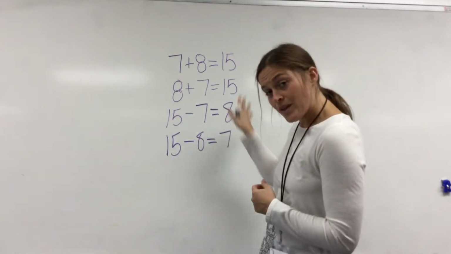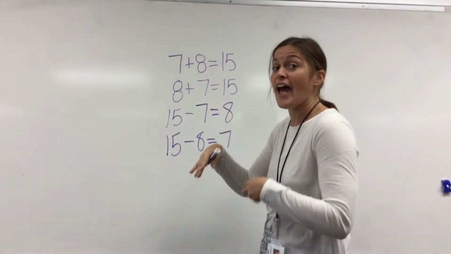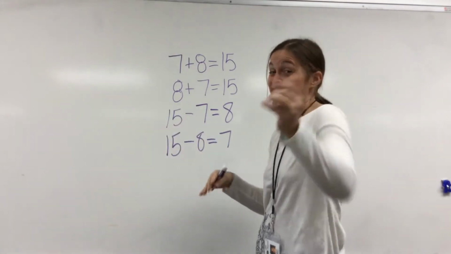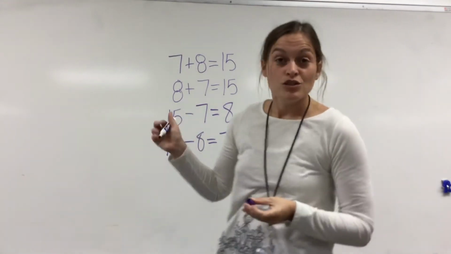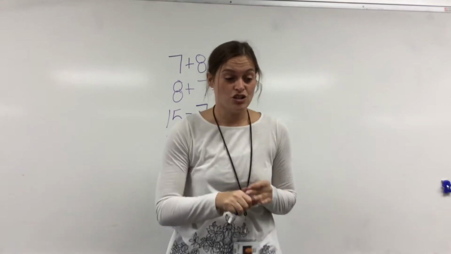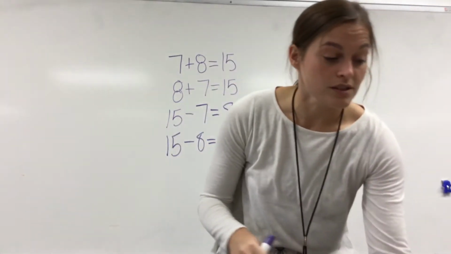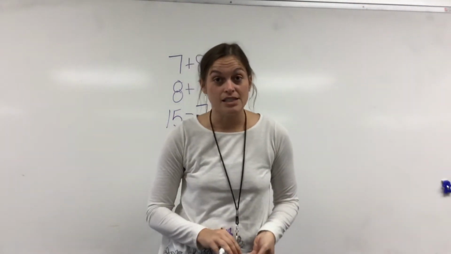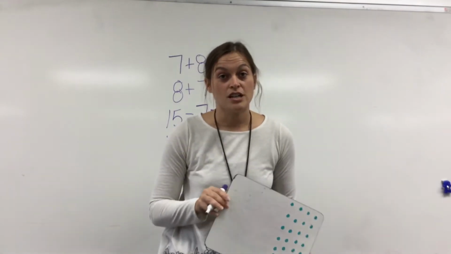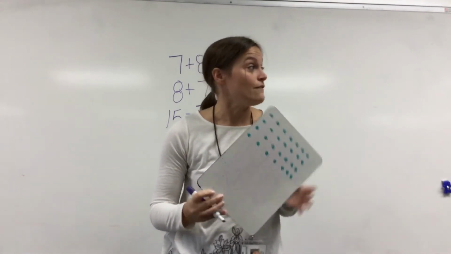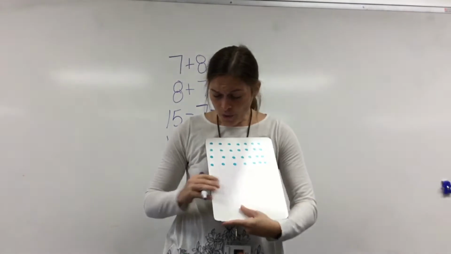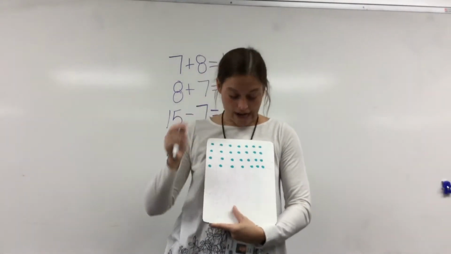Do you remember what we call this? A fact family. So just like with addition, we can use fact families with multiplication and division as well. Okay, so let's dive right in.